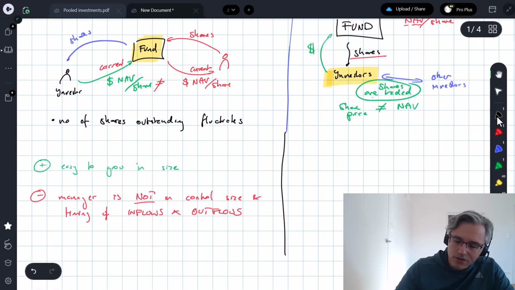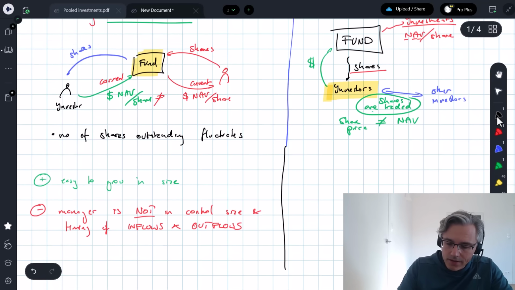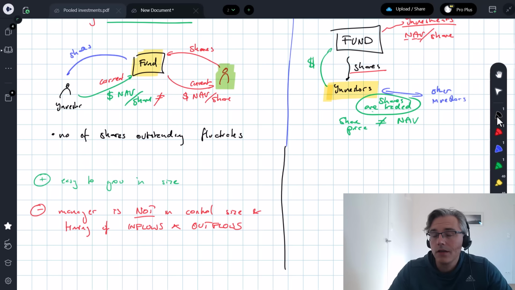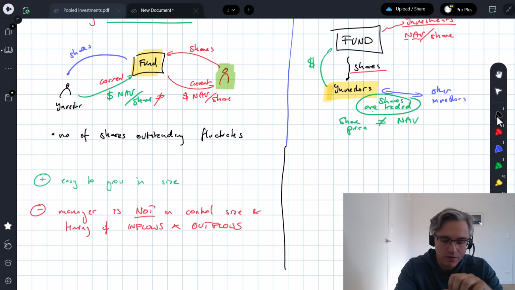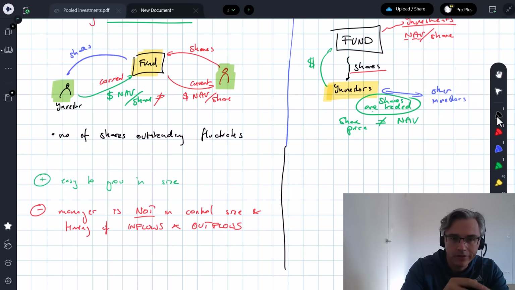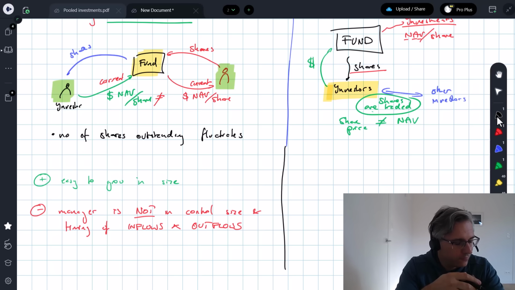So when lots of clients, let's say, want to withdraw their money, the fund manager will be forced to liquidate investments, sell assets, which they may not think is a good time to sell precisely now. When lots of money is pouring into the fund, the manager is forced to find ways to invest that money, although that may not necessarily be the best moment to buy assets in the market.